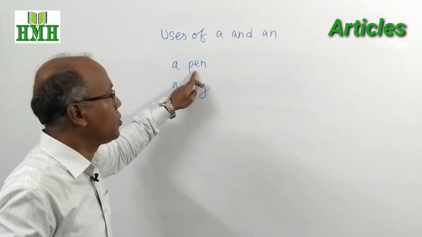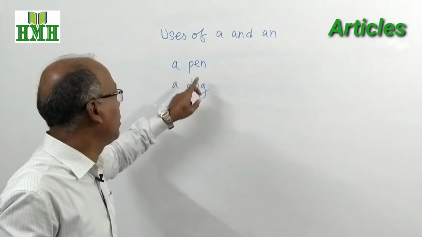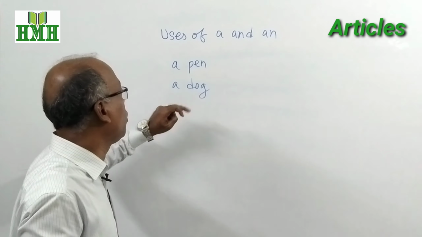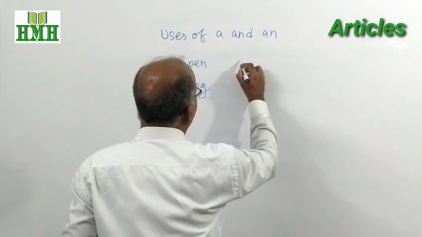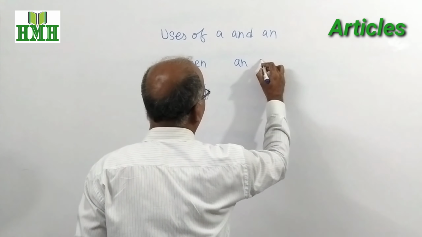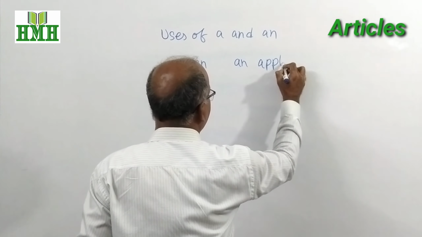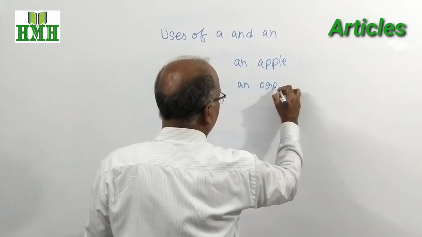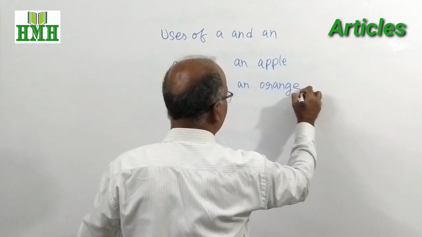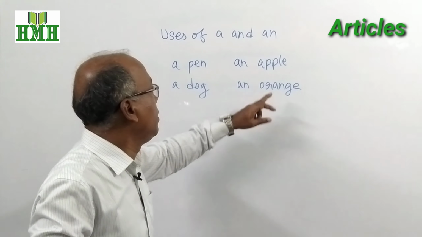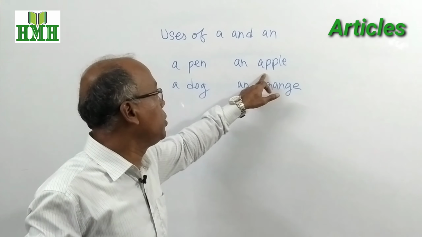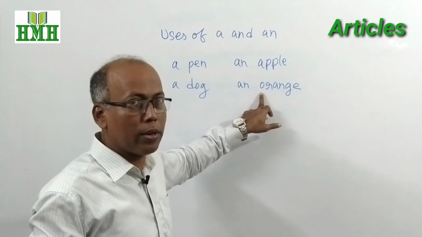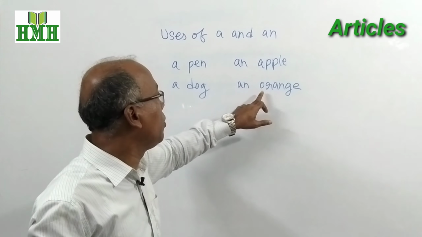Here P is a consonant, a pen, and D is a consonant, a dog. But an apple, an orange. Here the word apple begins with the vowel A and orange begins with the vowel O.